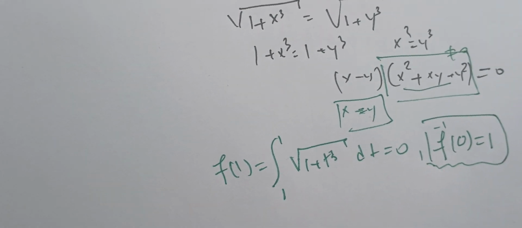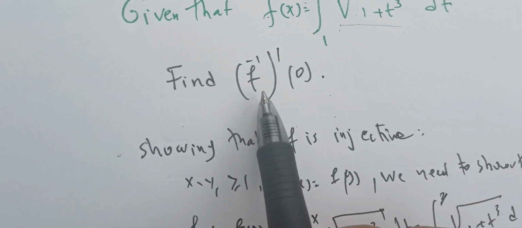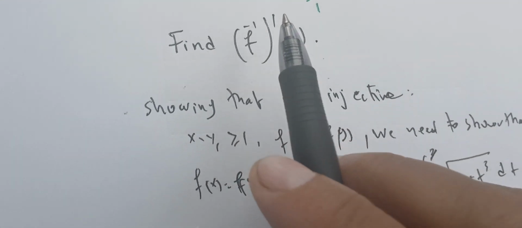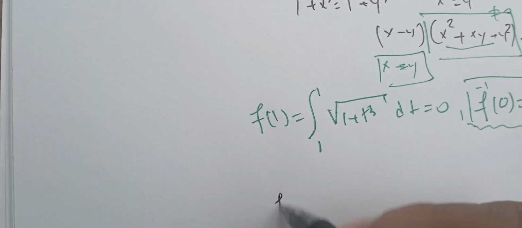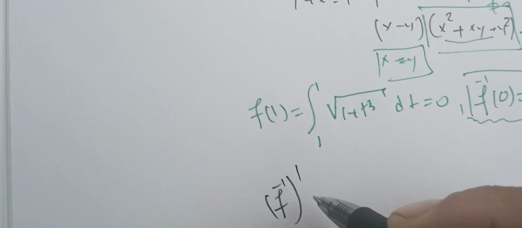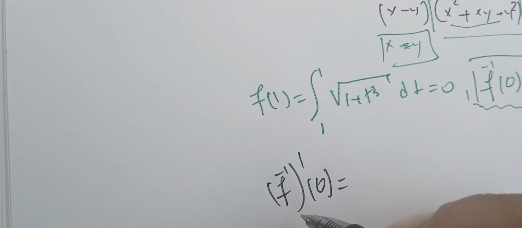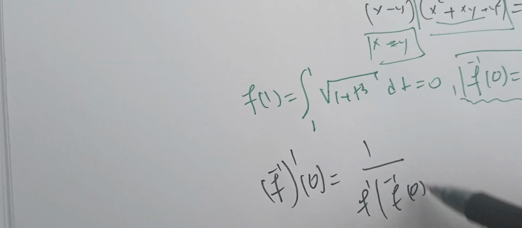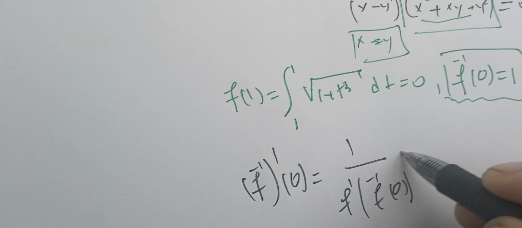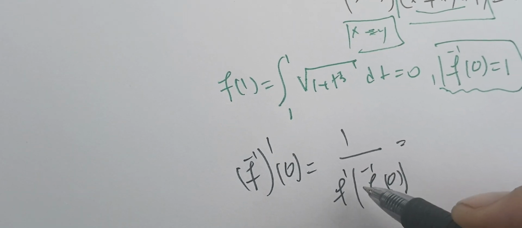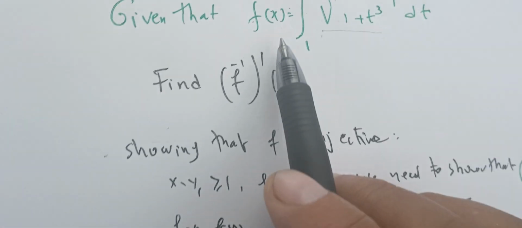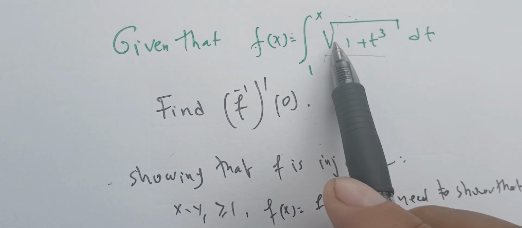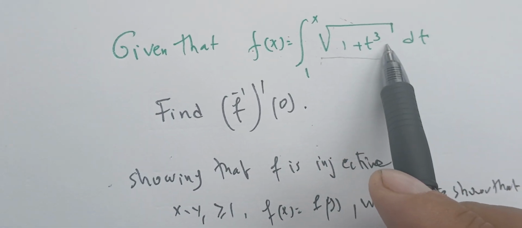Because now we can find the derivative of the inverse function at 0. Okay, so we know that f inverse prime at 0 is 1 over f prime of f inverse of 0. And what's the derivative of f? According to the fundamental theorem of calculus, this is just the square root of 1 plus x cubed.